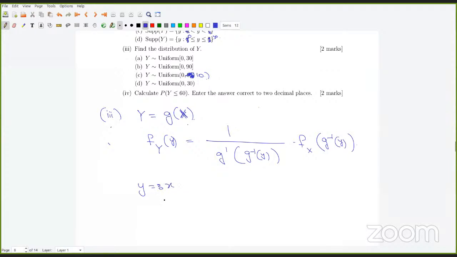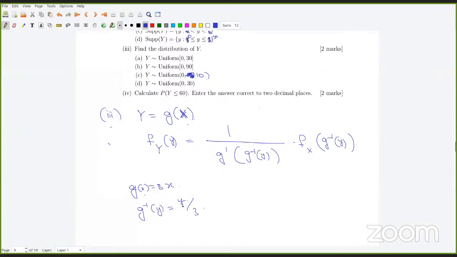So what is the g inverse function? g of x is 3x. If g of x is 3x, what is the g inverse? y by 3. Okay, g inverse of y is y by 3.